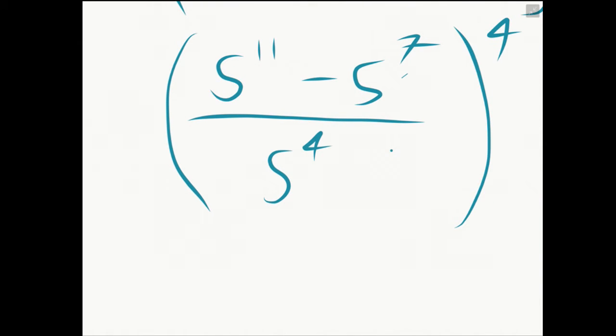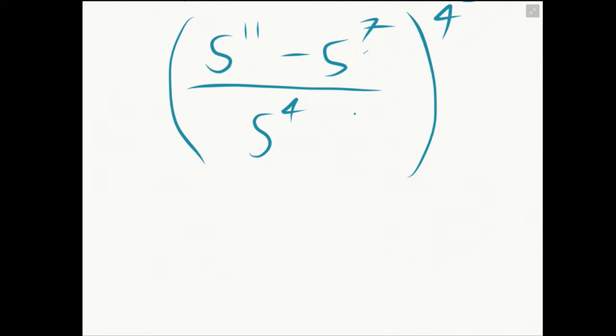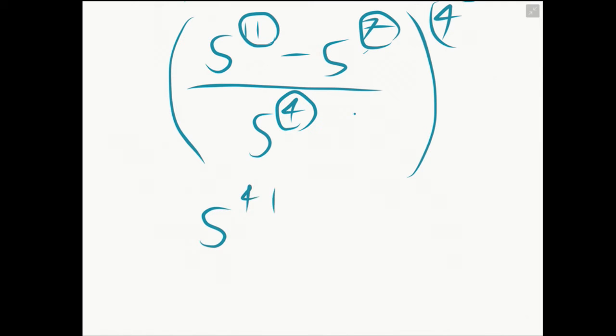I would personally get rid of that 4 right now, as we have prime numbers, and when we multiply that by 4, quite clearly they're not going to stay prime but become nice composite numbers. So, remember that this 4 is multiplying every exponent. So 4 times 11, 4 times 4, 4 times 7. S to the power of 44 minus S to the power of 28 over S to the power of 16.